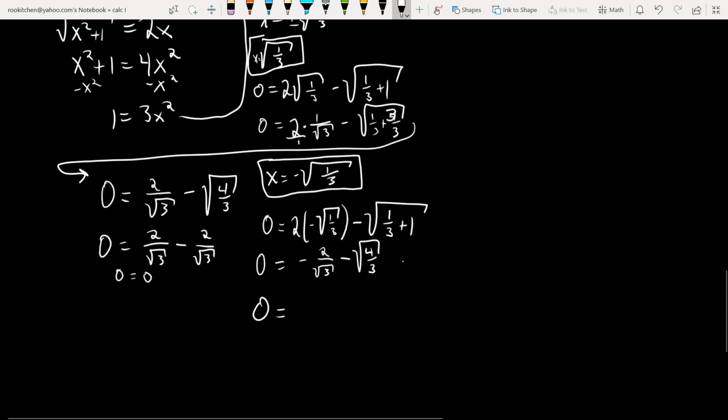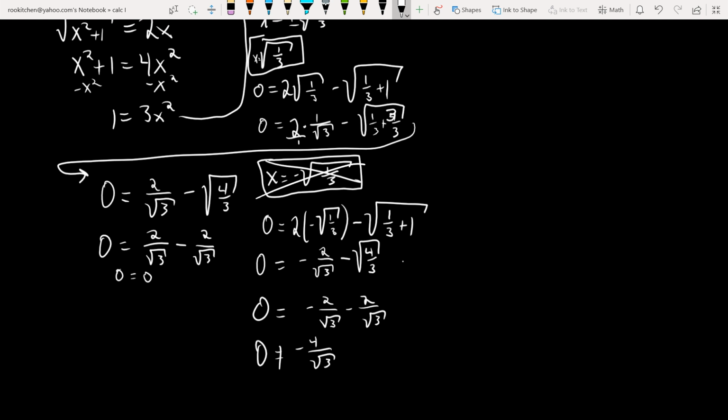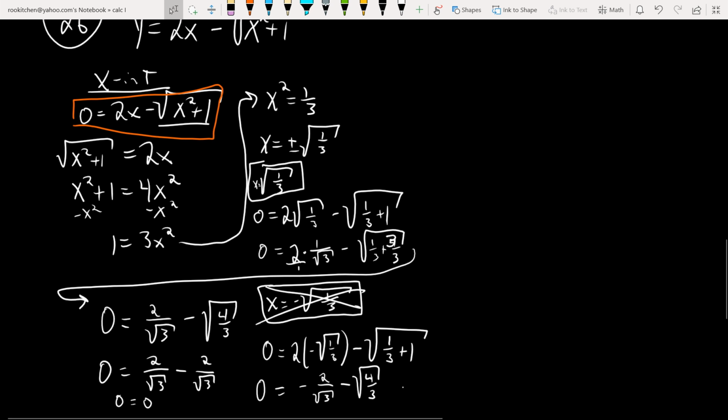So I'll have negative 2 over root 3 minus 2 over root 3. And then that'll be negative 4 all over root 3. And clearly that doesn't work. So we have to throw out this particular solution. And at the end of the day, there's only one x-intercept. So the only x-intercept is at positive root 1 over 3, comma 0.